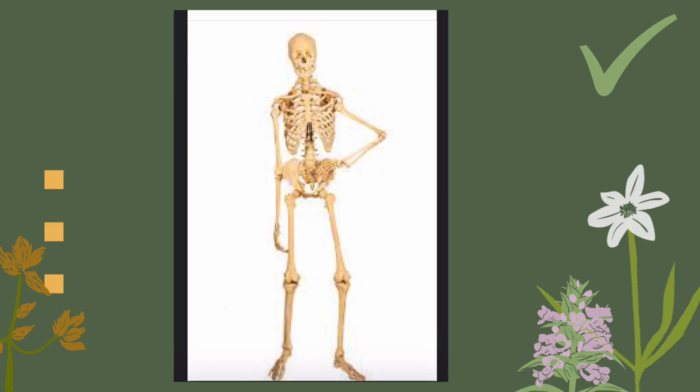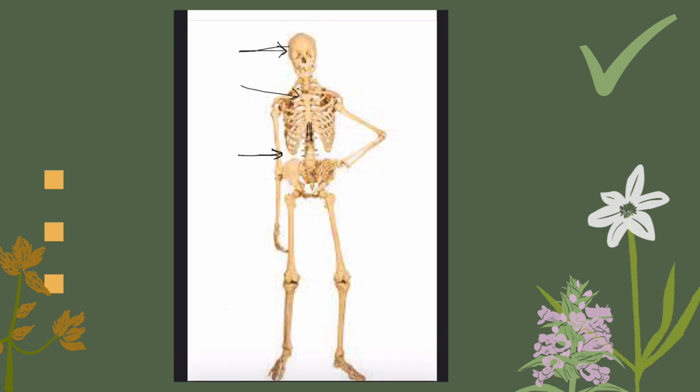I'll repeat the question twice, and then you can guess. Which bone is this one? Correct, cranium. Which bone is this one? Correct, clavicle. In the arm, which bone is this one?